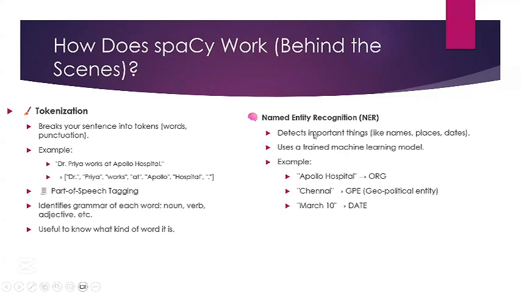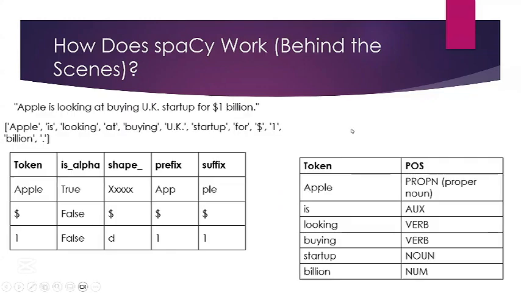So as an example, Apollo Hospital is an organization, right? Then Chennai is a geography location, or the location. March 10 is a date. So likewise, that model has some values to mark whether it's a location or a name, or likewise for all the named entities, that model can identify, right? Okay, so this is how it is working.